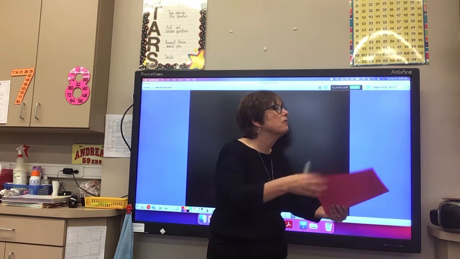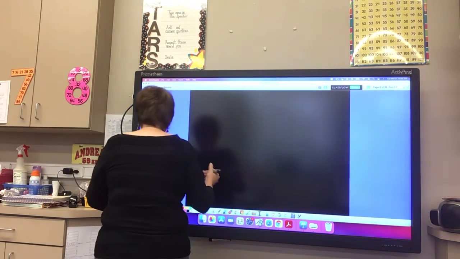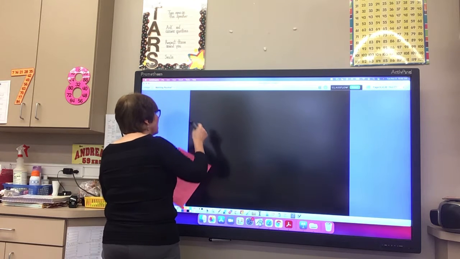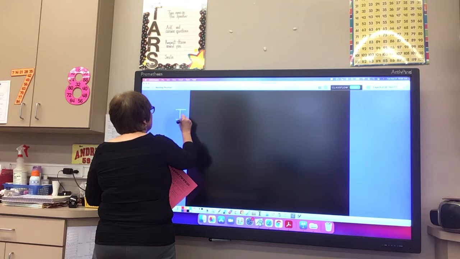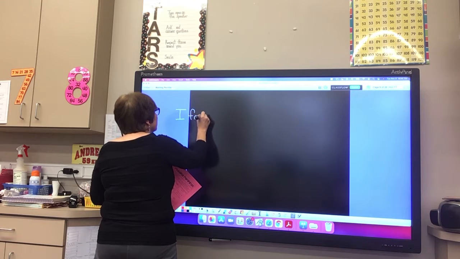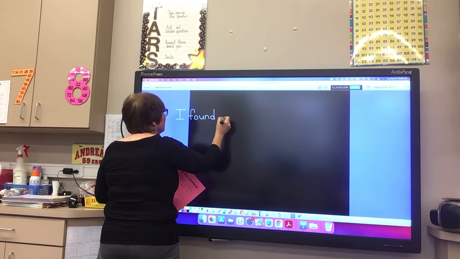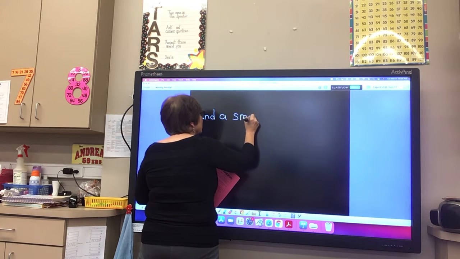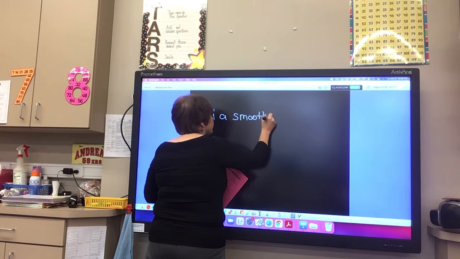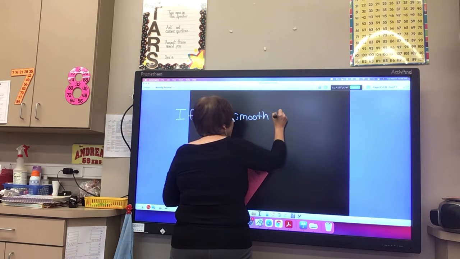Let's add to it so it gives more context. Okay, so for rock, our sentence for the left-hand side is going to be I found, and I like how you used an adjective, a smooth rock on the ground.